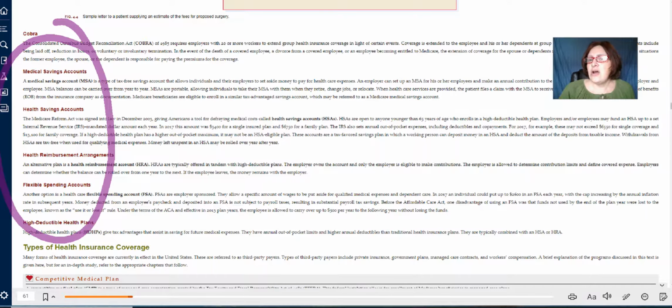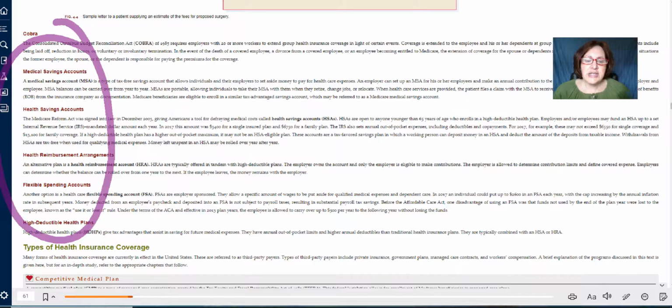Bottom line is they are taking money out of your paycheck, pre-tax dollars, and putting it into this pot of money. So this pot of money is your money. It didn't come from some special magic place. It's your money that came out of your paycheck. But the key is that it came out pre-tax. If I didn't contribute to my health savings account, that $50 would get taxed, and I would get probably about $38 in my paycheck for that $50.